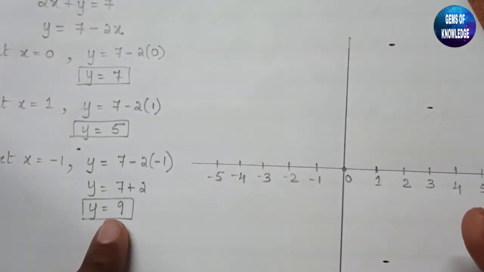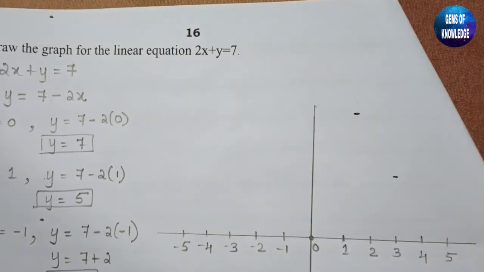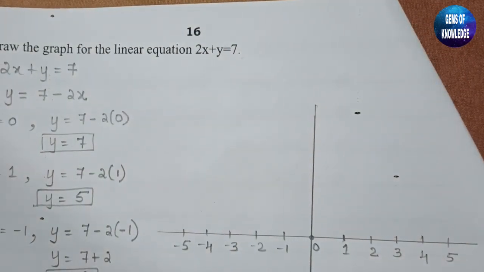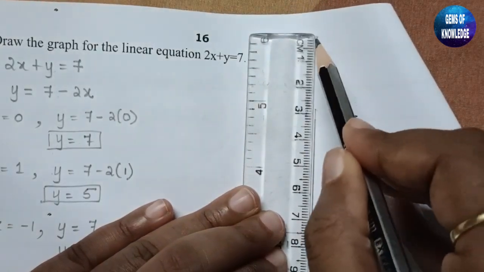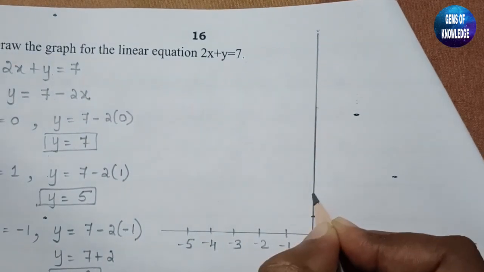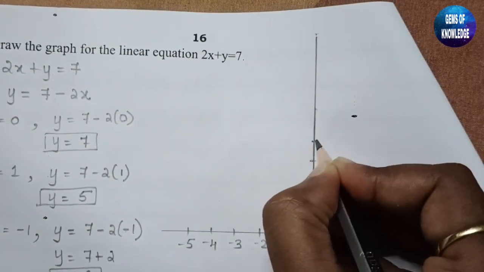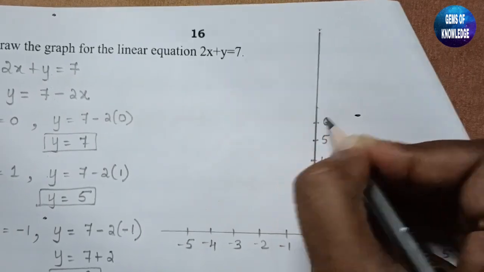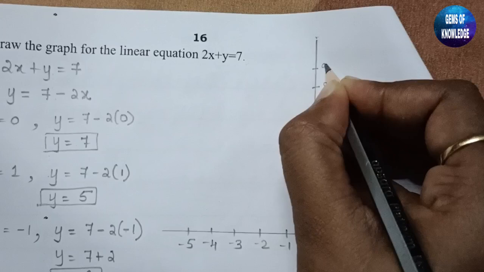So on the y-axis we need up to 9 over here. So we'll take it up to 9 as you can see. We'll increase this. So this will be 1, 2, 3, 4, 5, 6, 7, 8 and 9.